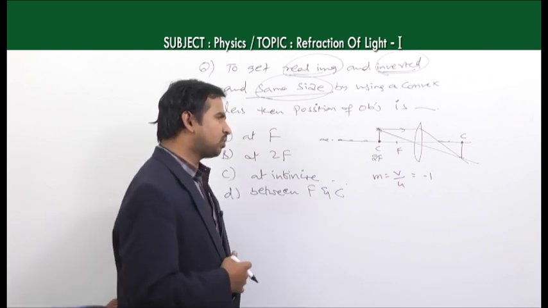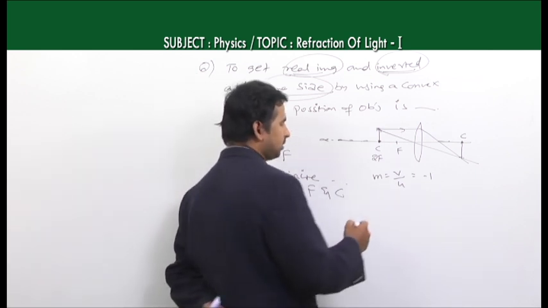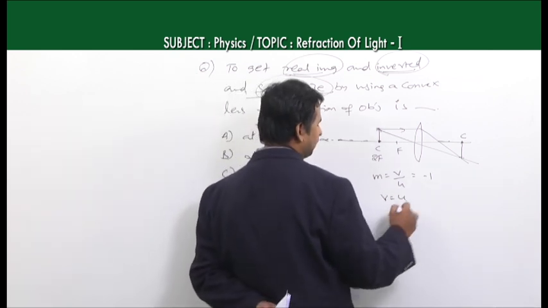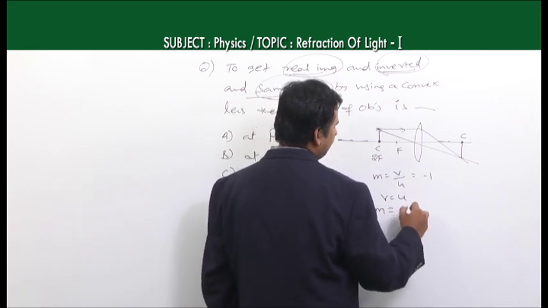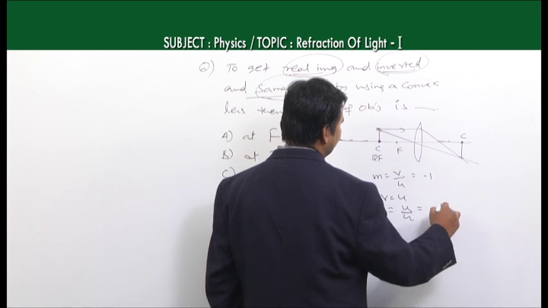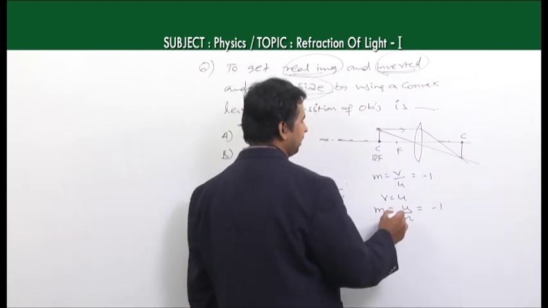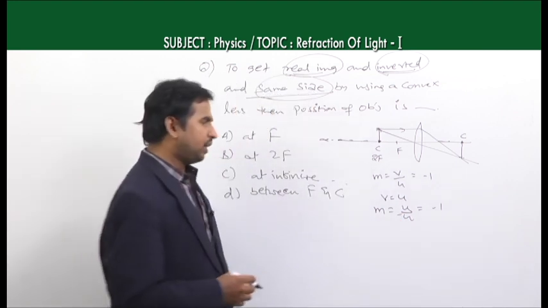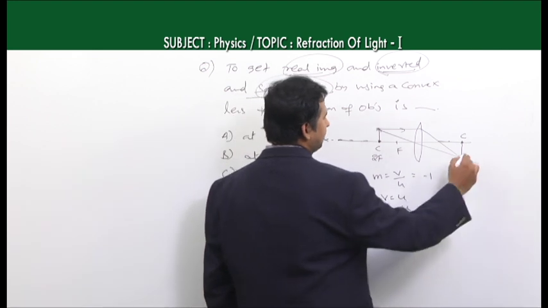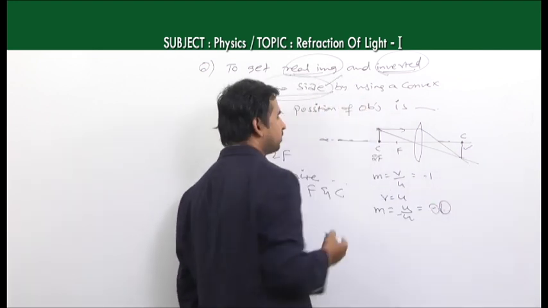So as m is equal to v by u, and v and u are both equal in this case, because both are formed at the center of curvature, m is equal to u by u, that is -1, because the object distance we have to take as minus. That is why you get -1, where the minus represents an inverted image, and 1 represents the same size.